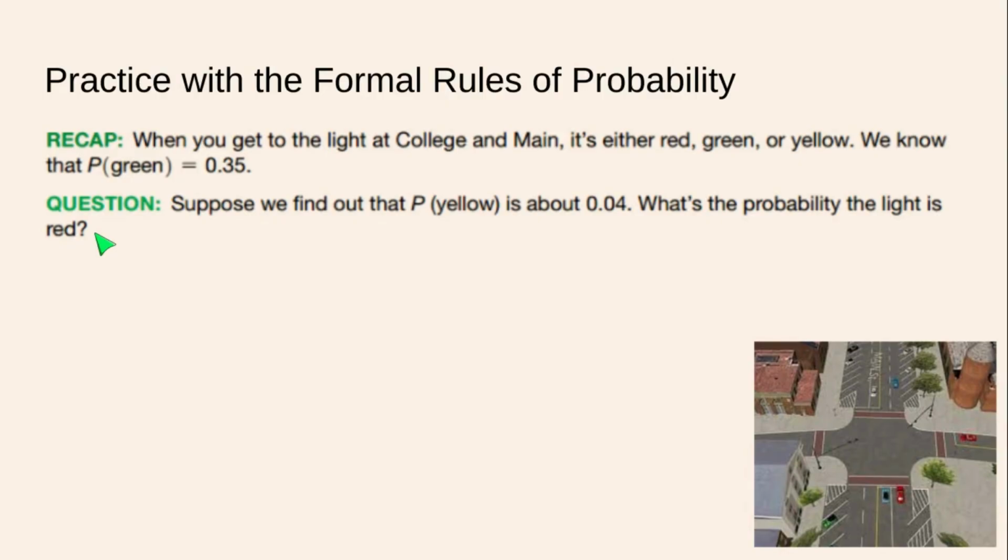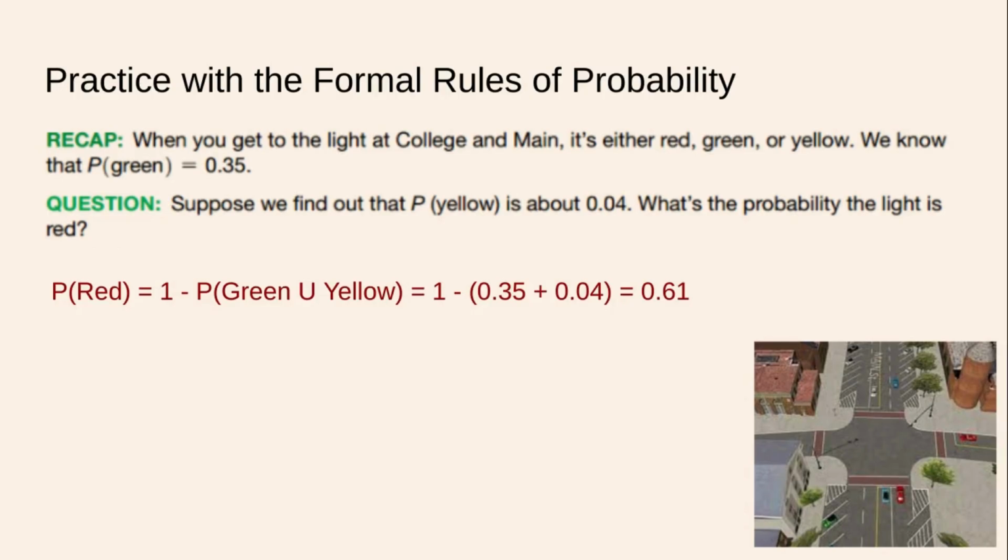All right, let's look at the answer. So if we want to find the probability of red, we can use the complement of the event. Well, what's the complement of red? Well, that's going to be either green or yellow. So 1 minus the probability of green or yellow is going to be the same as the probability of red. So green or yellow.